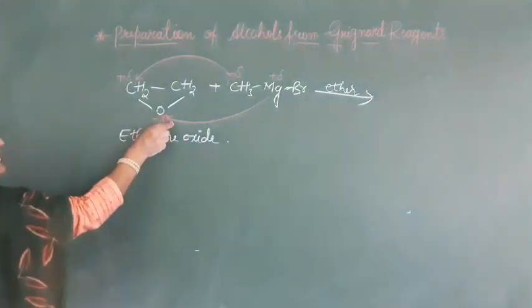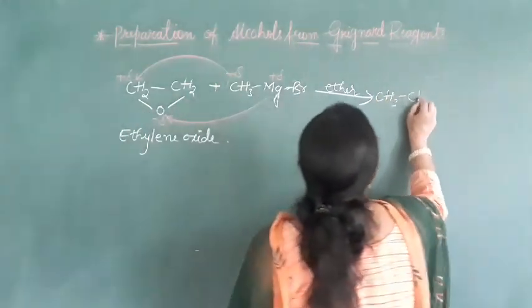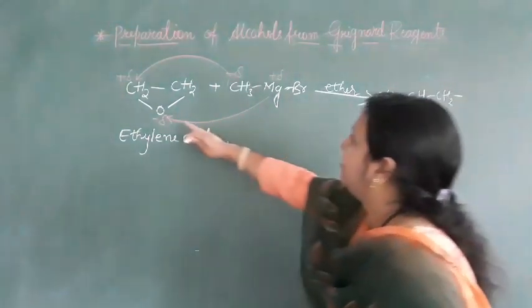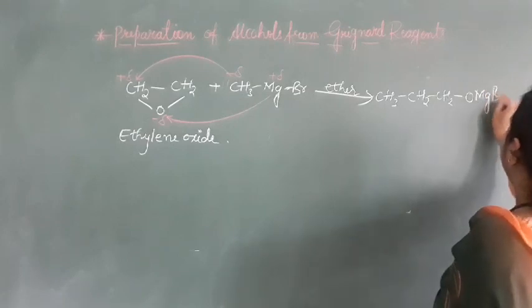This MgBr. So we will get CH3, CH2, and with this oxygen OMgBr, an addition product.